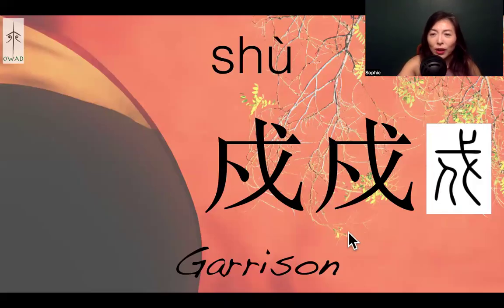So this shù and the fá, I probably should have included that one, they came from the same origin. Basically, it's placing a human figure next to this weaponry. So what would that portray? Two ways to view it. One way is that garrison means being on the defense.